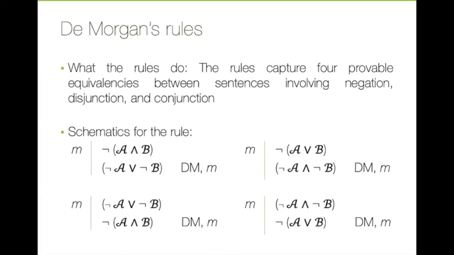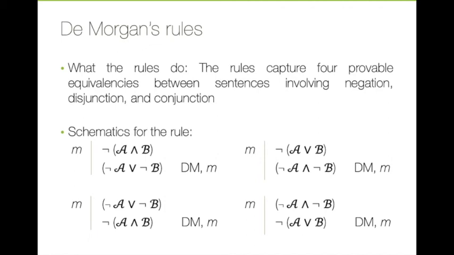So on the left-hand side, the rules here capture that Shelley didn't eat the peas and the carrots means the same thing as Shelley didn't eat the peas or didn't eat the carrots. And the right-hand side captures that Shelley didn't eat the peas or the carrots means the same as Shelley didn't eat the peas and didn't eat the carrots.